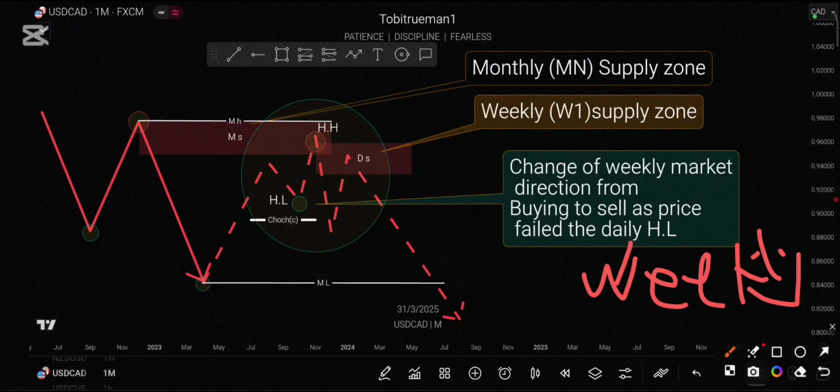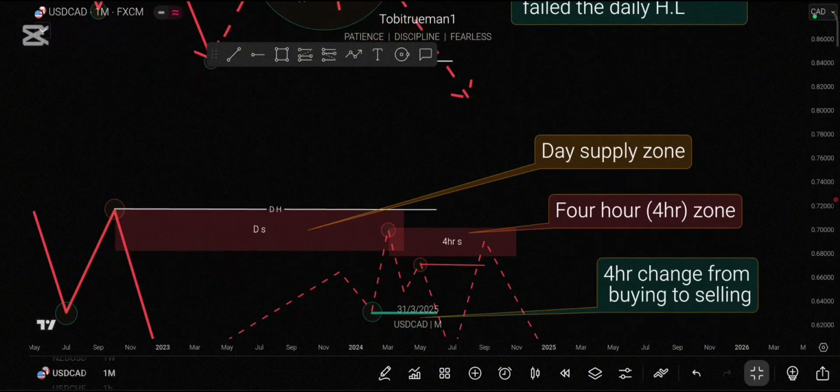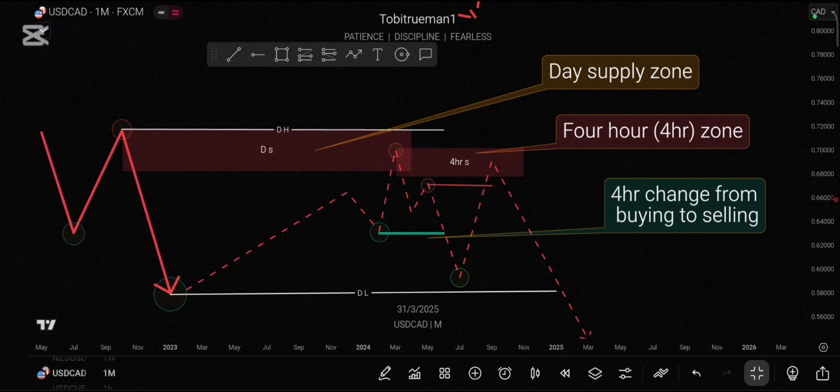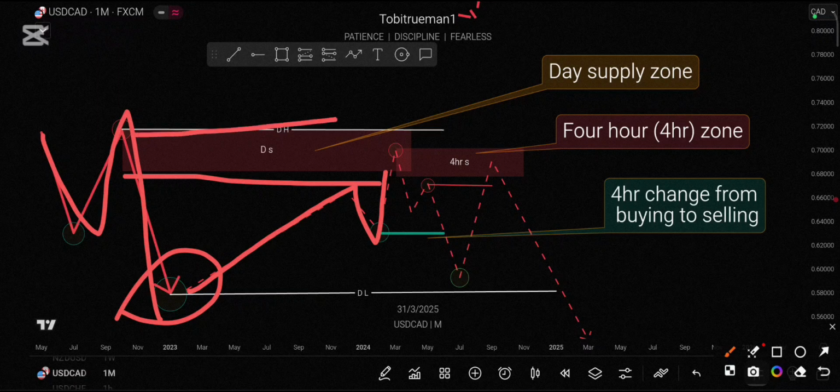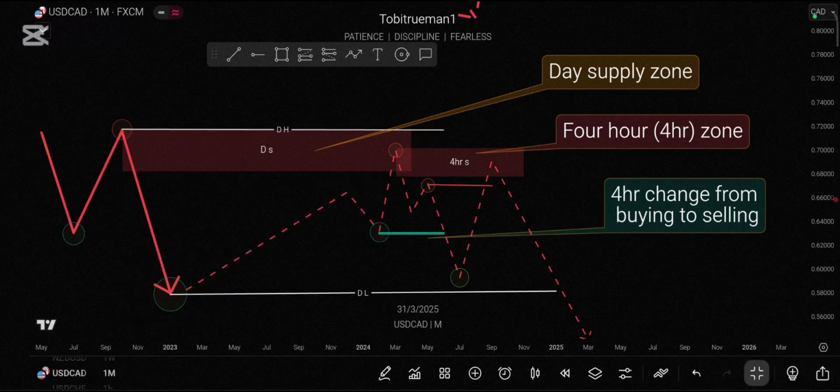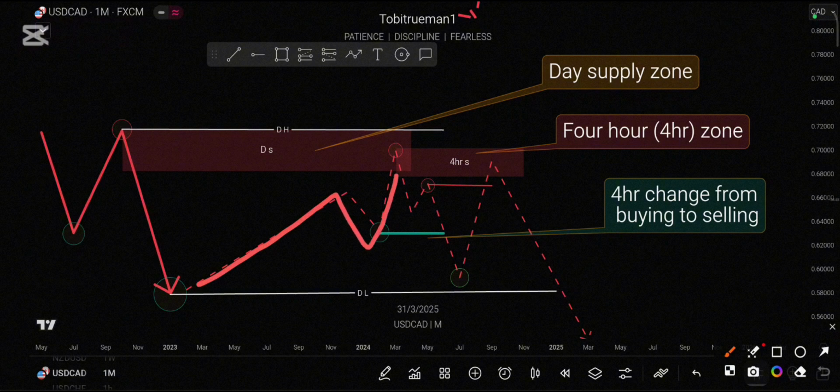All right. So let's look at another example. On the daily, let's assume that as this market is selling, leaving us a lower low there, and then coming to the 4-hour time frame, we now see that when price taps on this daily supply zone on the 4-hour time frame, because on the 4-hour time frame the market will just be buying until you now tap into this daily supply zone.